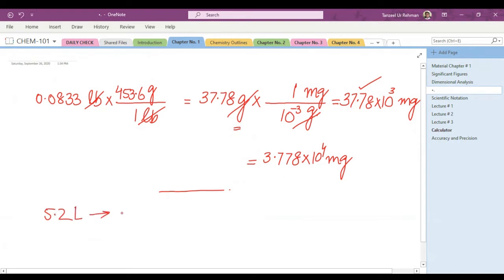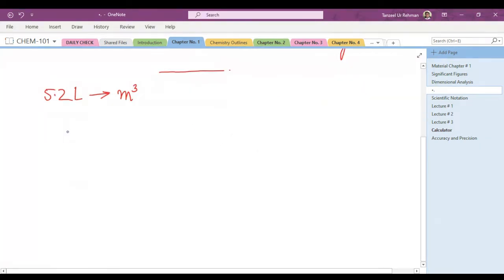We have to convert to meter cube. Okay, there are two methods to solve this question. First method is the direct method. If we know the direct conversion factor, we know that 1 liter is equal to 10 to the raised power minus 3 meter cube.